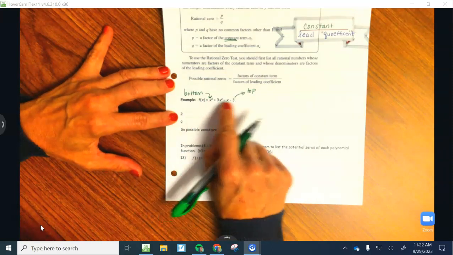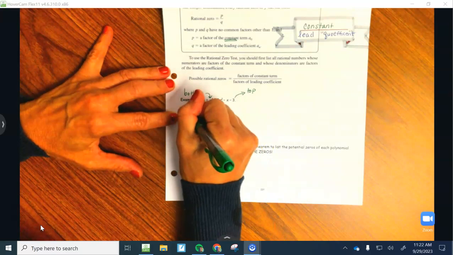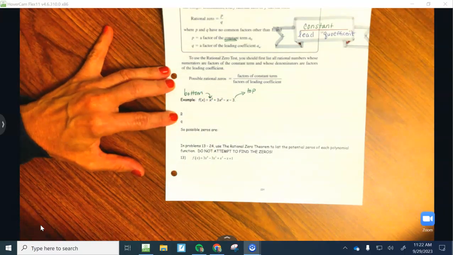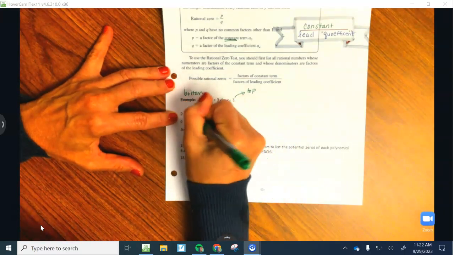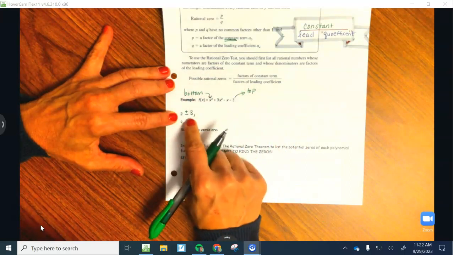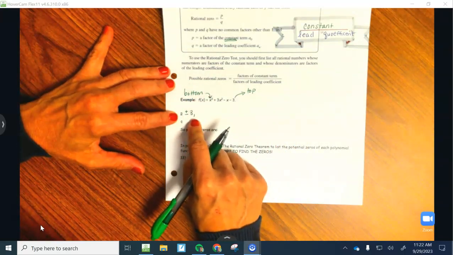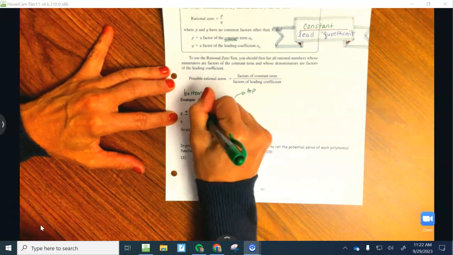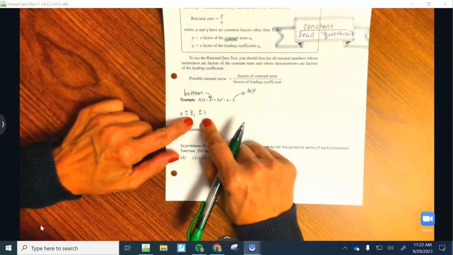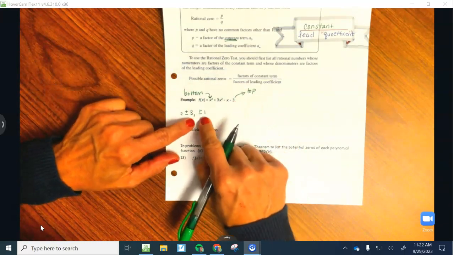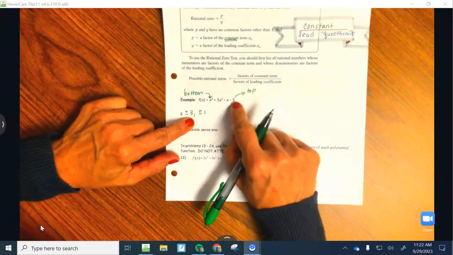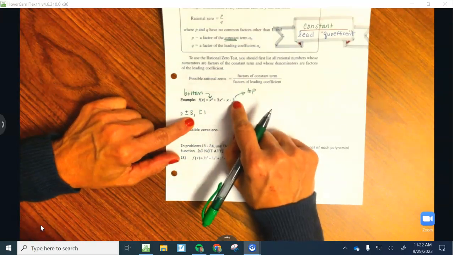So let's write P as a 3, so we write plus or negative 3 there. What numbers all multiply together to make 3? Also 1. Remember, 3 is prime, so just 3 times 1. Those are the factors that make the constant term.